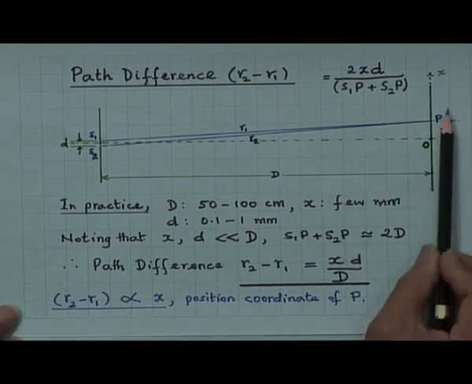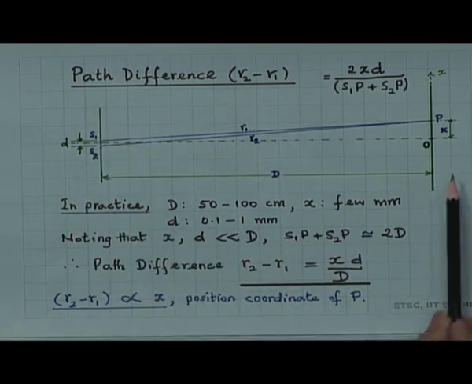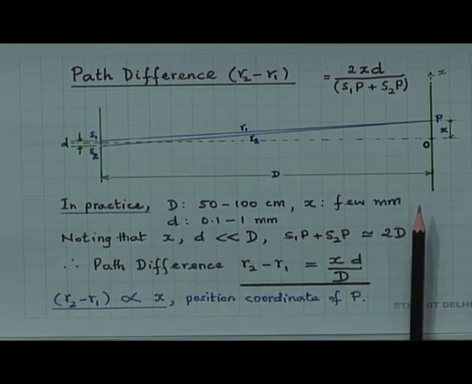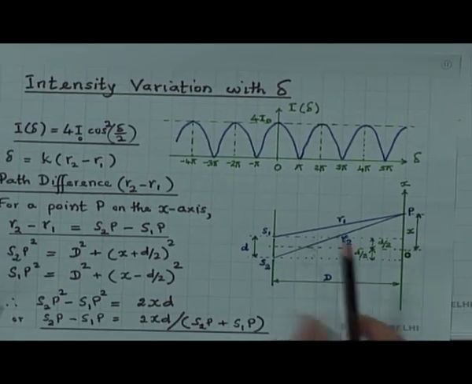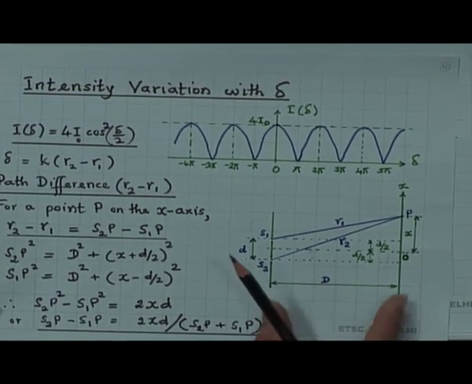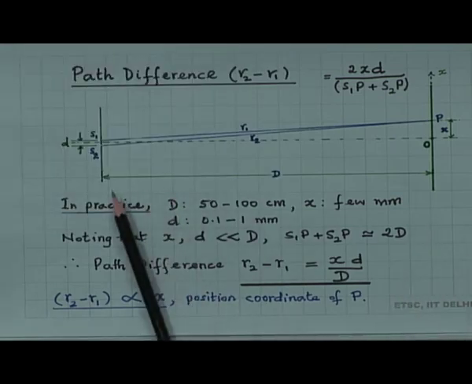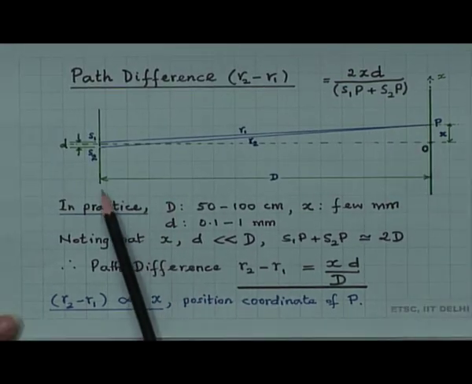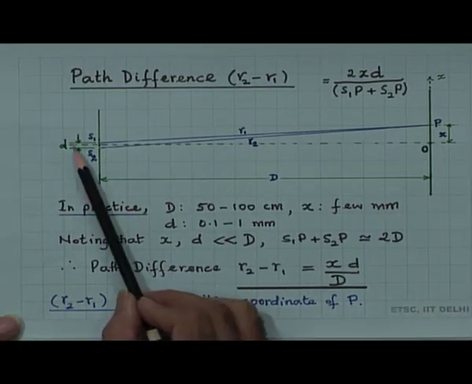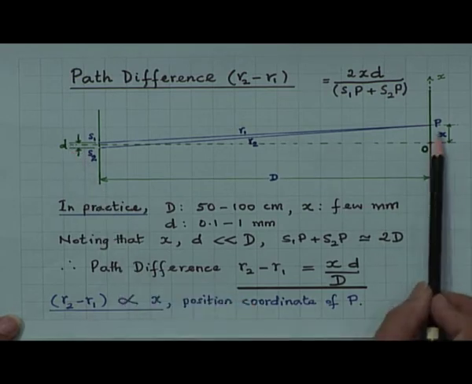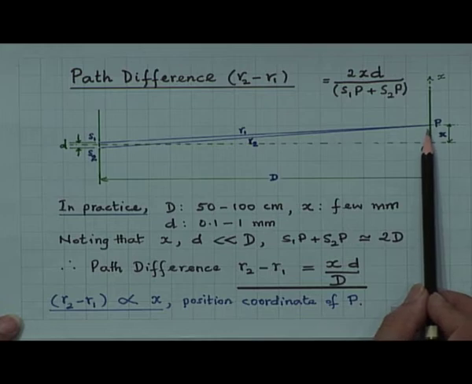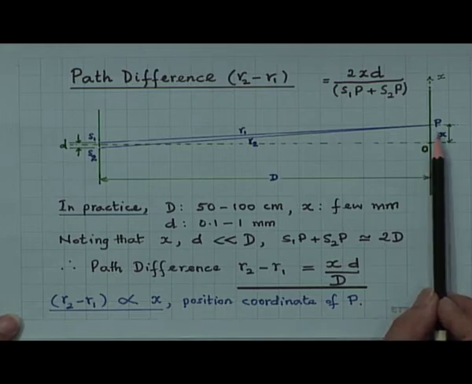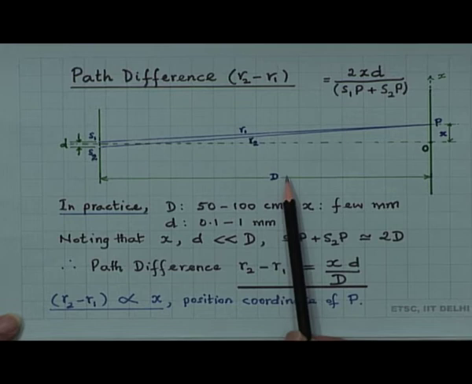Therefore, I have deliberately drawn this setup to get a feel. Earlier we have discussed showing this setup. Now, I have tried to show in a real scale, although this is not exactly to scale, that D is much larger compared to d, and the position x of the point P is also much smaller compared to D.